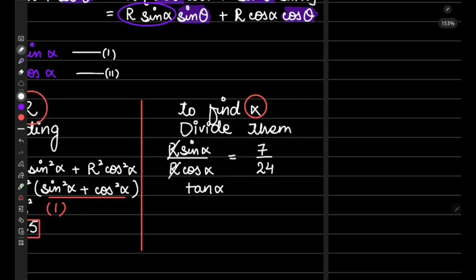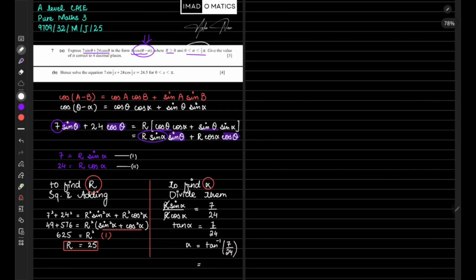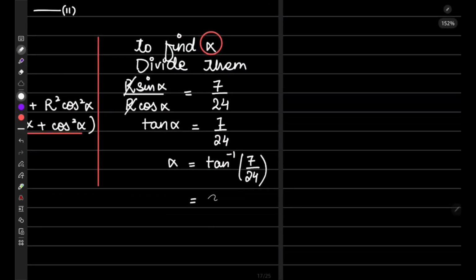See, dividing them will eliminate r and we are left with only tan alpha, which means we can now find alpha. So alpha is tan inverse of 7 over 24. Now we have to treat this in degrees or radians. It is dependent on what your range is given to be in. It's given in radians, so we'll treat it in radians. So tan inverse of 7 over 24 is 0.2838. This is your alpha.